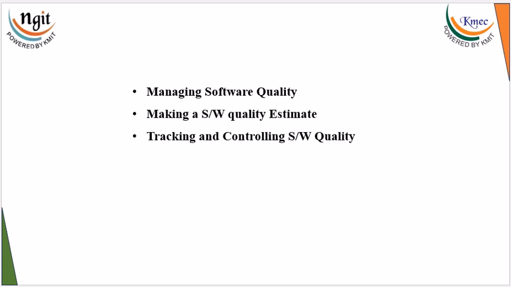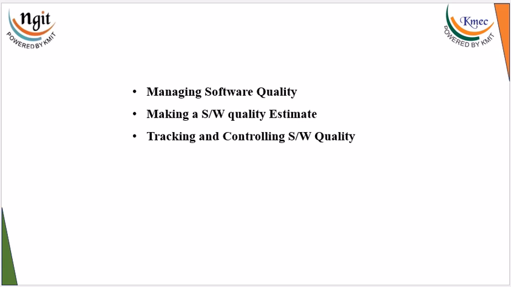Next, you examine the quality profile of the product. This is helpful in determining the potential areas for development related to your product. And last, you produce a development plan with the process that is to be used to achieve the identified quality profile. So these are the software quality estimates to be taken into consideration.